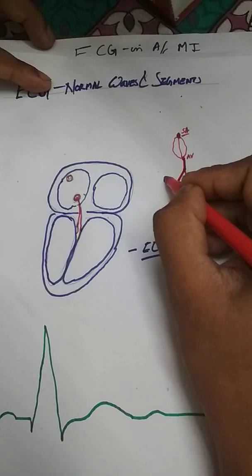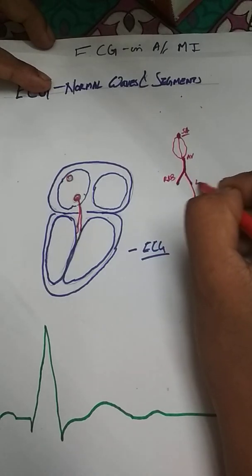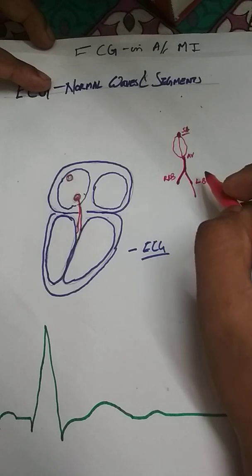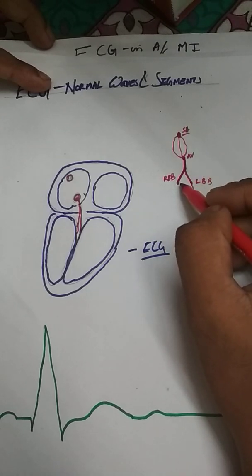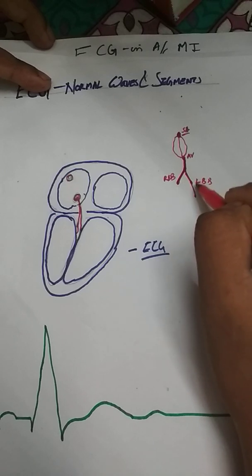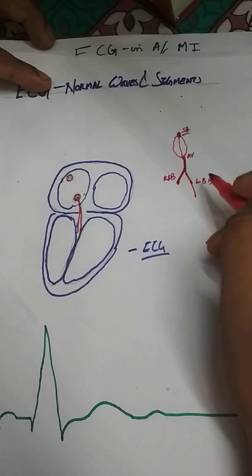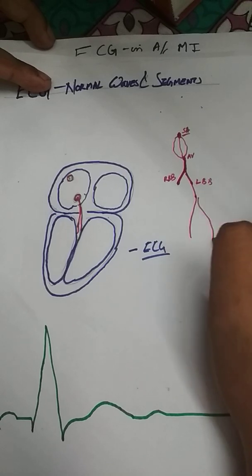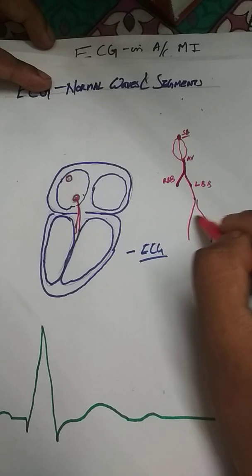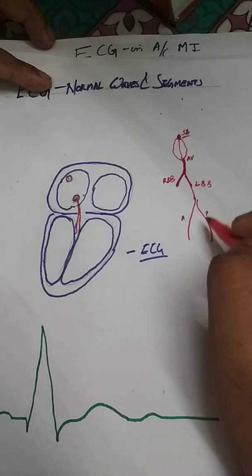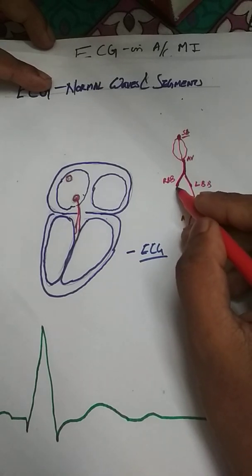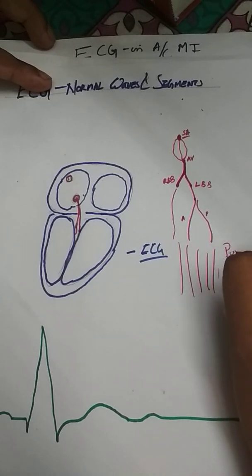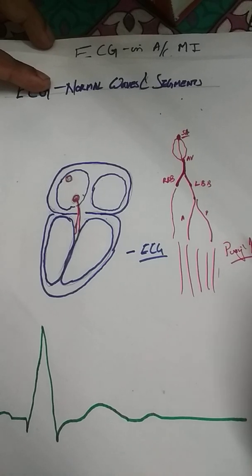You have the right bundle branch and the left bundle branch, and you would know that the right bundle branch is thick and short, whereas the left bundle branch is thin and longer. The left bundle branch divides into anterior and posterior fascicles, then both the right and left bundle branches eventually divide into Purkinje fibers.